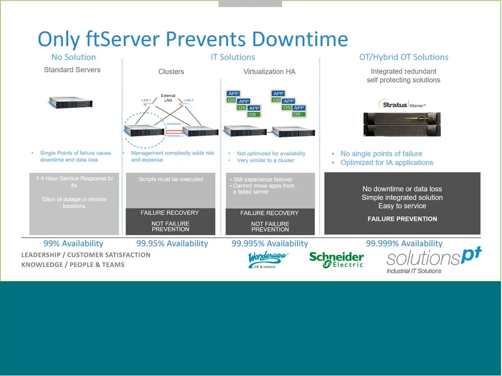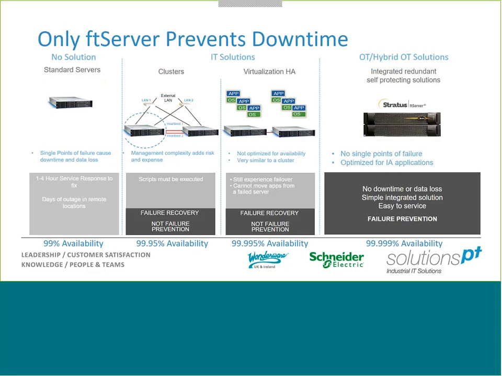So I did mention the IT solutions then, so this is a slide which explains it quite nicely. On the far left we've got a standard server, so this is a standalone machine that you might get from Dell or HP or something like that. So it's obviously not designed for high availability, it's a single point of failure. So when this dies, if it's running a critical process, your processor's died, it's suffering downtime whilst it's waiting to be repaired.